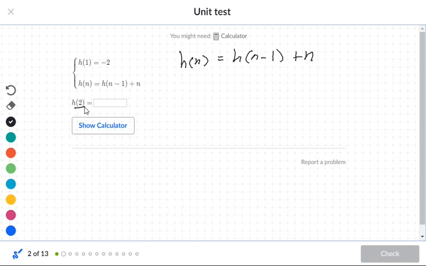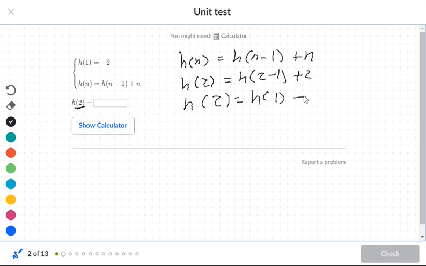But since this is h of 2, we're going to put a 2 in for all the n's. So h of 2 is equal to h of 1 plus 2.